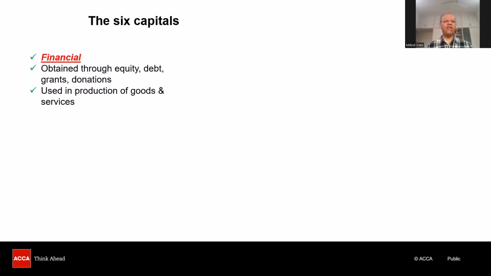So let's very quickly look at what these 6 types of capital are and what information you should look for in the exhibits. Obviously, financial capital is a concept that is very well known to us. Debt, equity, government grants, donations, depending on the type of organization.